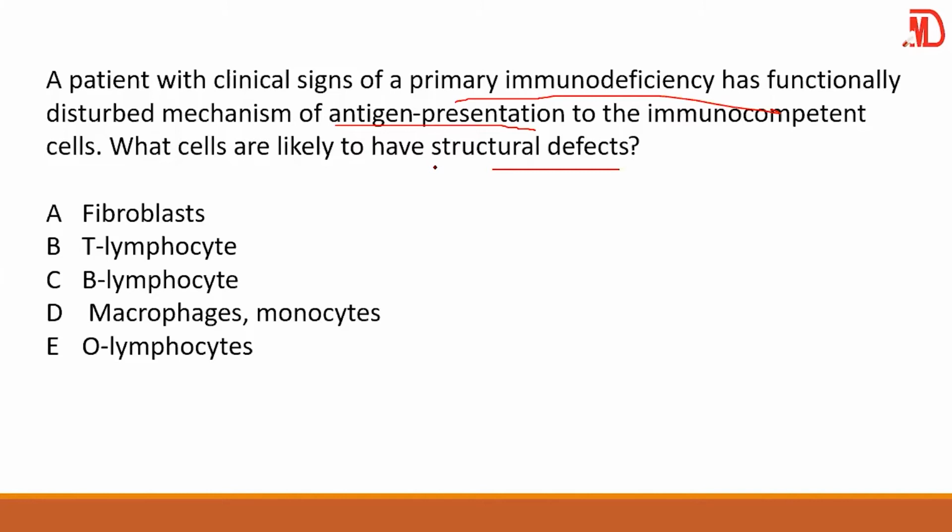So what are some of these antigen presenting cells? Not all cells are antigen presenting. So please write this down. The antigen presenting cells include dendritic cells. Then we have macrophages.